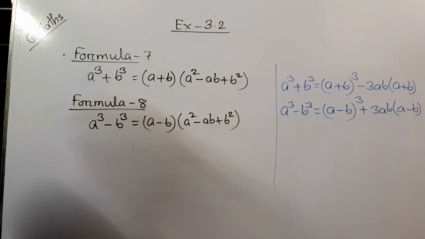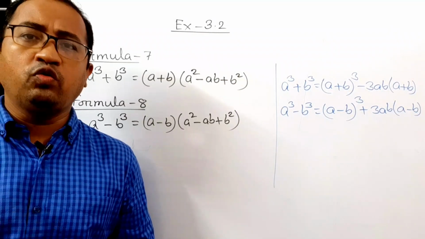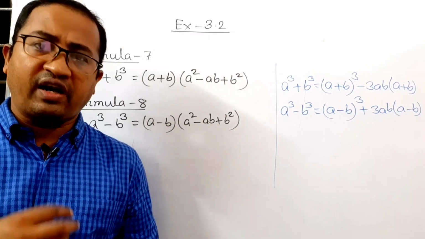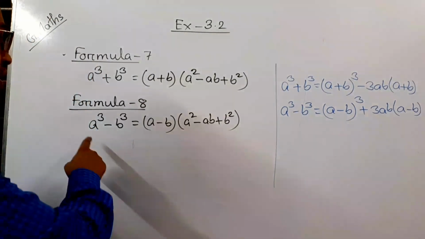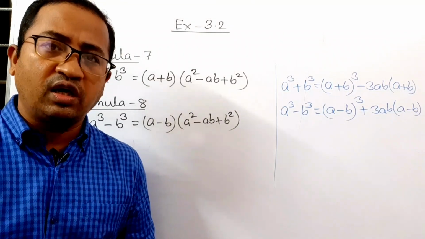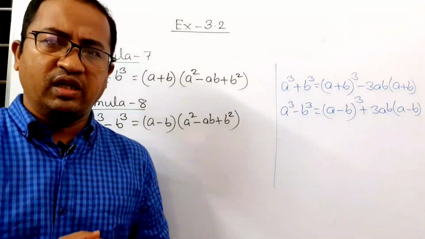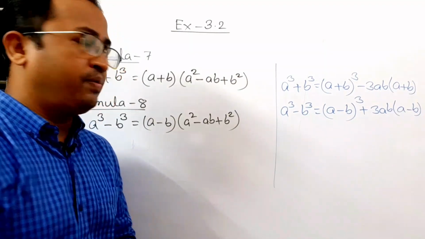But what is the use of the formula and the corollary? When we simplify or factorize the expression, we will use the formula, but to find out the value, to determine the value, we will use the corollary.